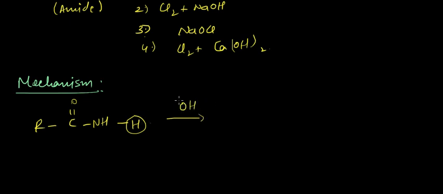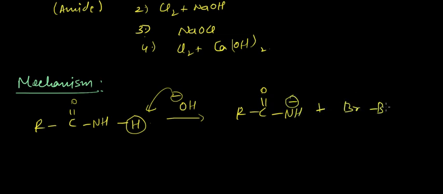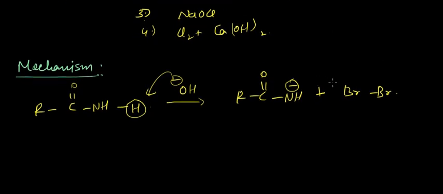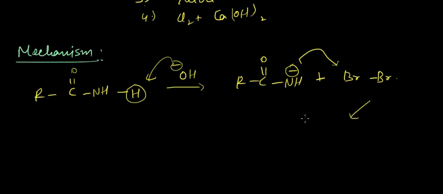So we have basic medium. What will happen is we'll have negative charge on the nitrogen atom and a water molecule will be formed, which I am not showing. And we are also passing, I'm talking about the first reagent, Br2 plus KOH. So this will act on Br to form something like this compound, plus Br minus would be formed.